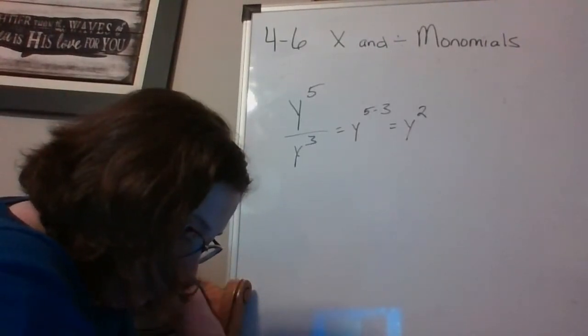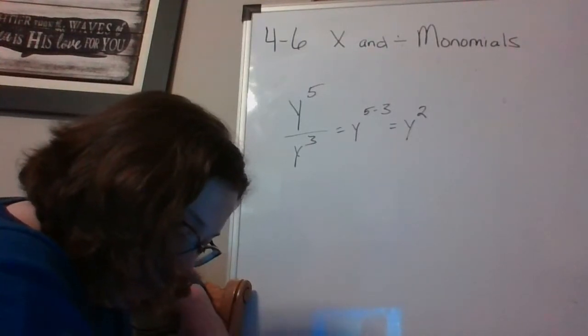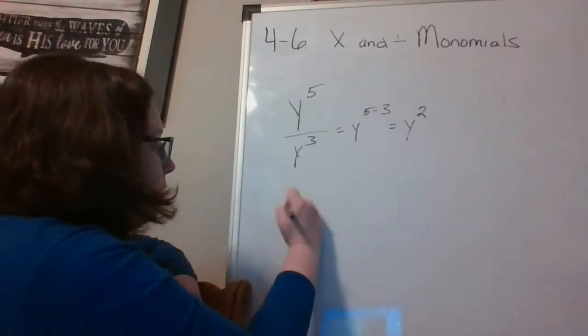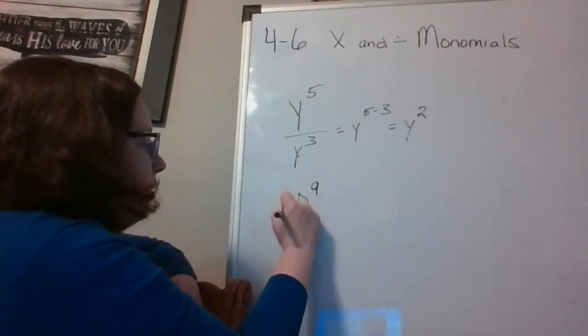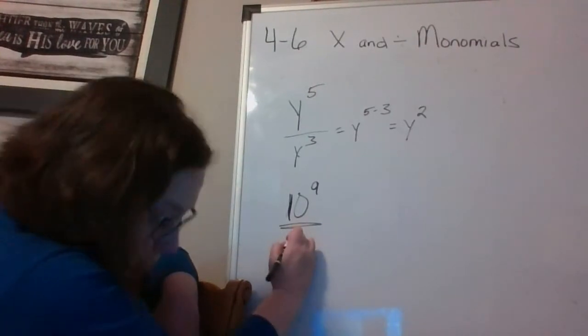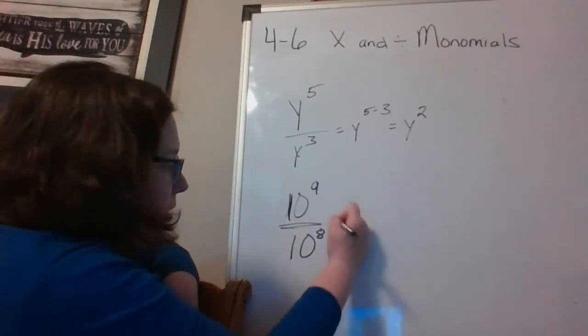So it shows us in the table that in 1999 the processing speed was 10 to the 9th power, and in 1993 the processing speed was 10 to the 8th power.